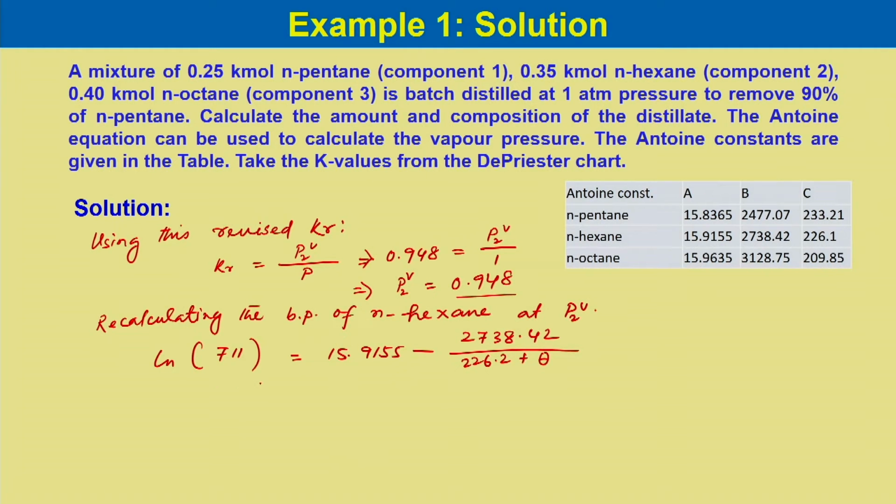So, from here we can calculate theta plus 226.2 would be about 292.91, and hence theta would be 66.715 degrees centigrade. This is the boiling point of the reference component.